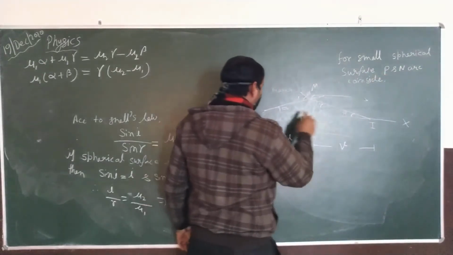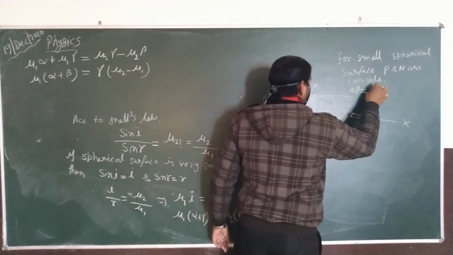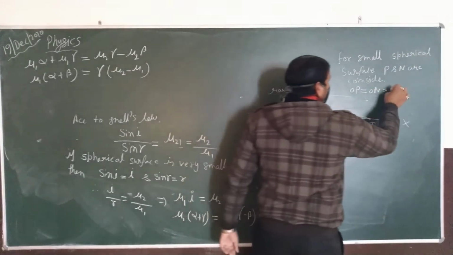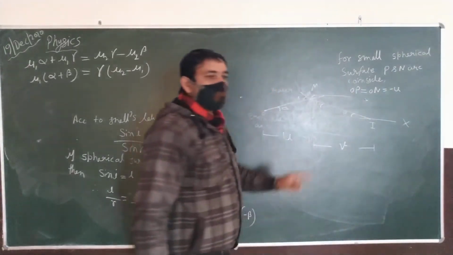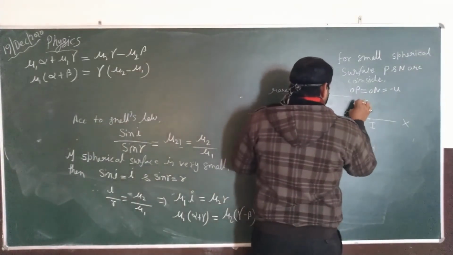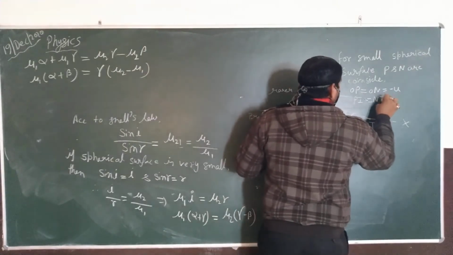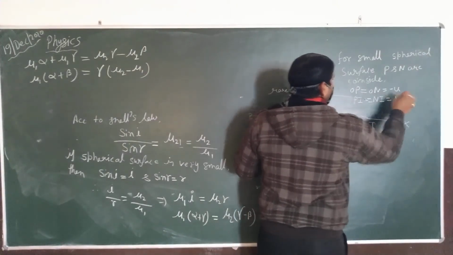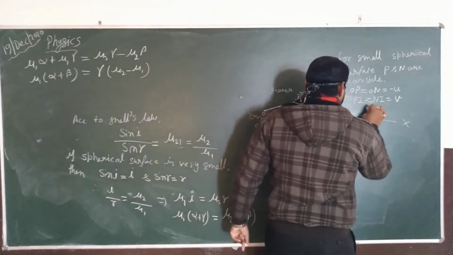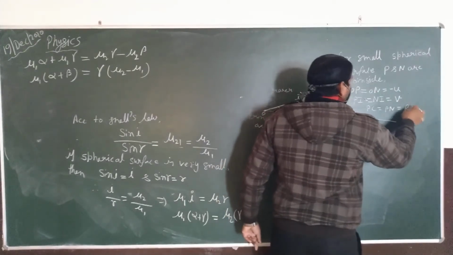That is OP equal to ON equal to minus u by using the convention of sign. Now PI equal to NI equal to v, which is positive, and second, PC equal to PN equal to R.